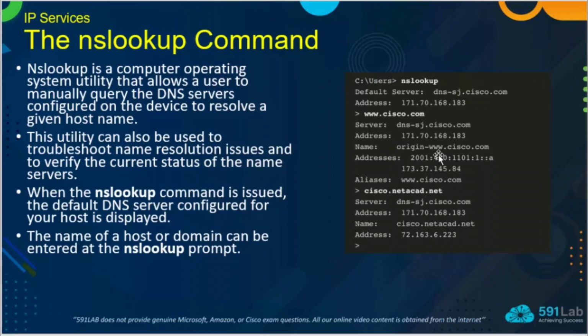We said DNS has different records, A, AAAA, and so on. It's a safe tool that we can use to troubleshoot name resolution. It is used just to verify the IP address that is attached to that domain name. Right, so that is nslookup.